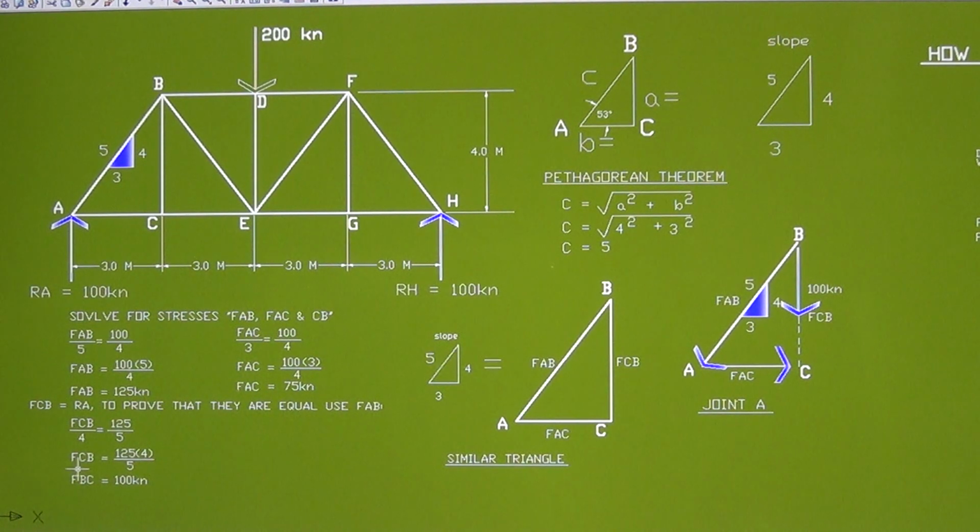FCB now is equal to 125 times 4 divided by 5. FCB is equal to 100. See, they're all correct. You verify that when you transfer the RA to complete the triangle right here.